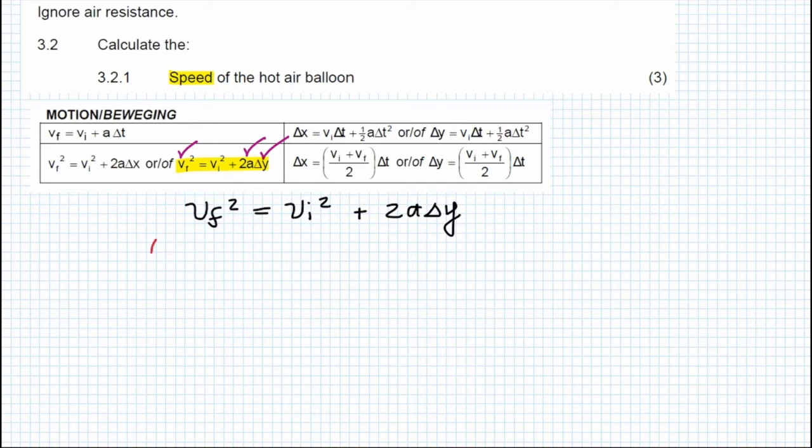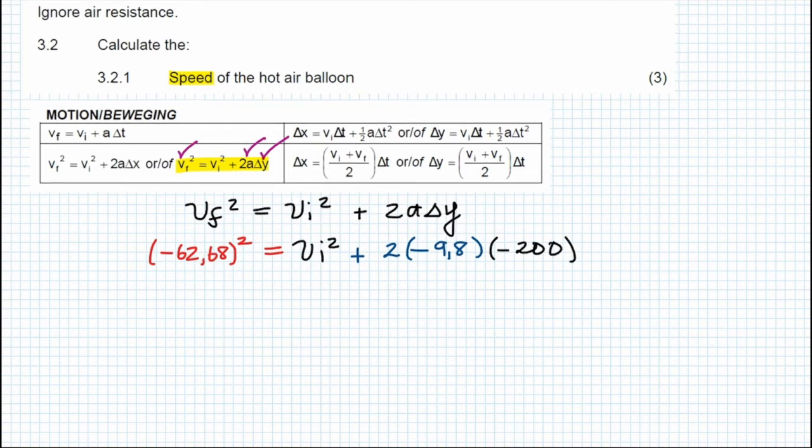The final velocity we said is negative 62,68, and we remember to square it. We do not know the initial velocity, so we leave that as VI plus 2. The acceleration is negative 9,8 because we chose down as positive, and the displacement is going to be negative 200.